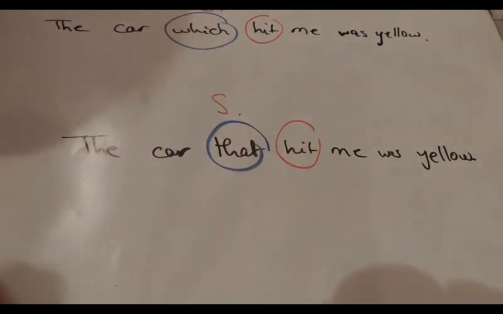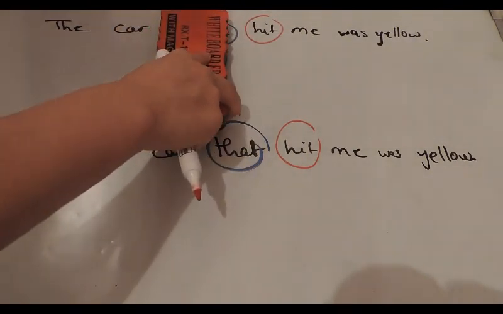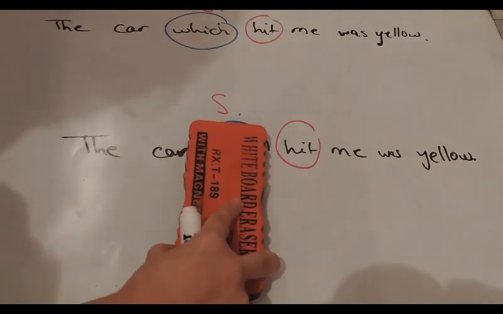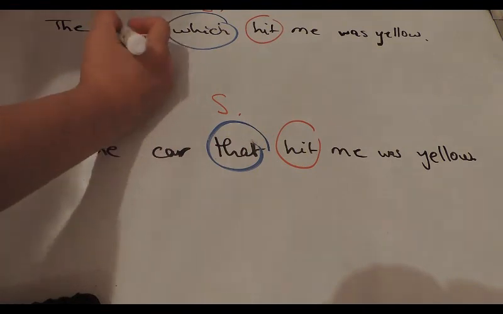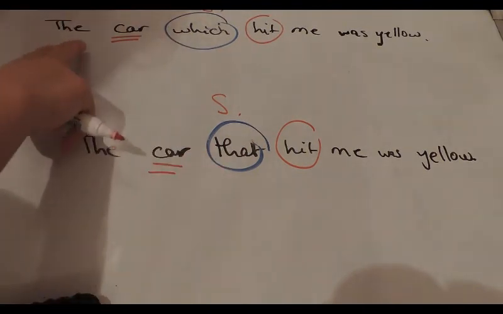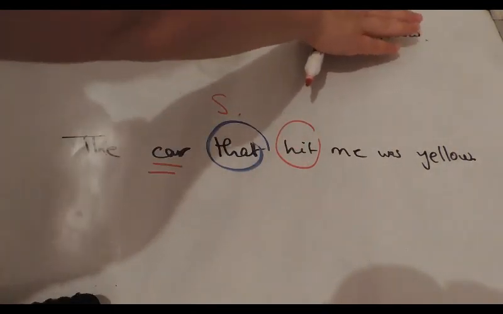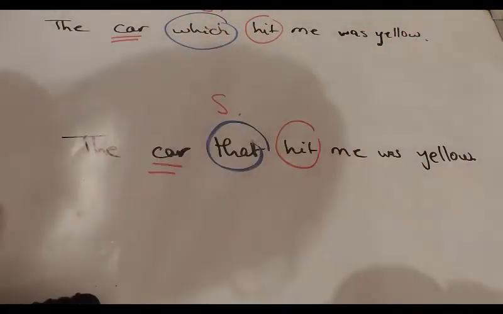And basically, if I just cover up which or cover up that, then I'm going to be left with car over here, and let's say that the car hit me. Let's just not use was yellow. Let's cover was yellow up.